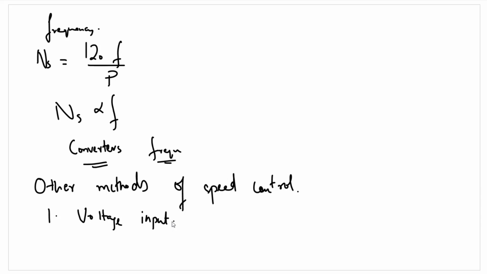The induced EMF in the rotor will change. If reduced voltage is induced in the rotor circuitry, the speed will be less. So speed is directly proportional to the voltage applied. The greater the voltage we apply, the greater will be the speed. The lesser the voltage we apply, the lesser will be the speed. So by changing the armature voltage, we can control the speed of the induction motor.